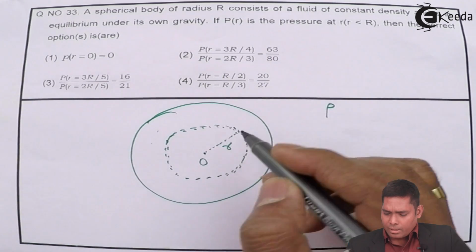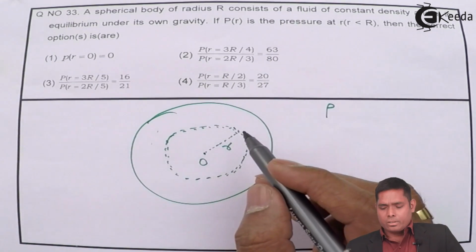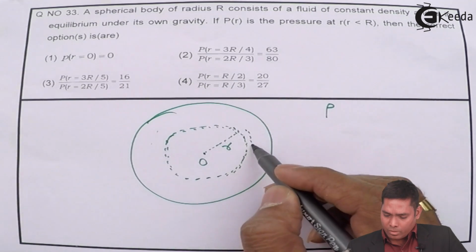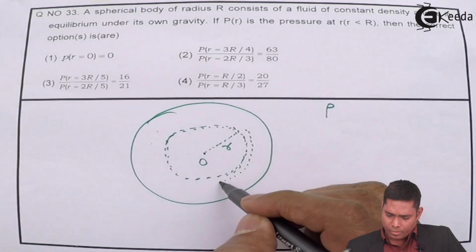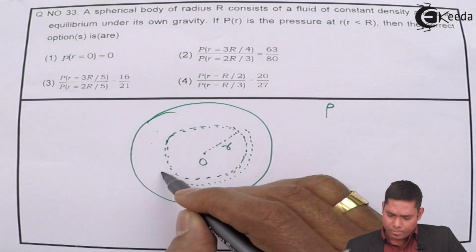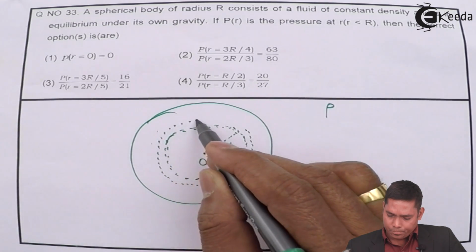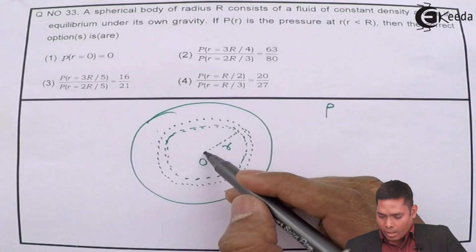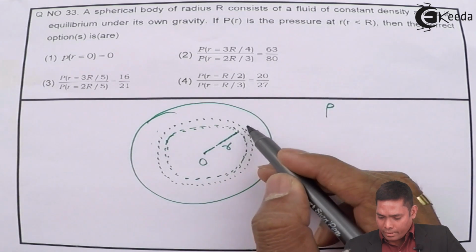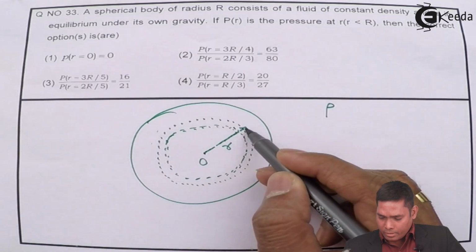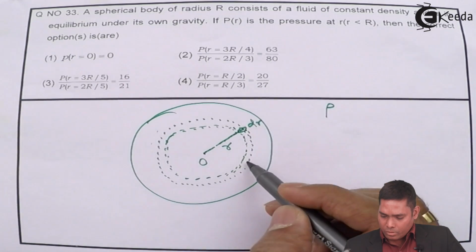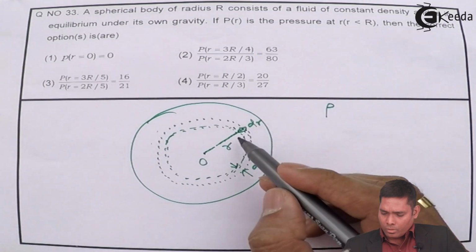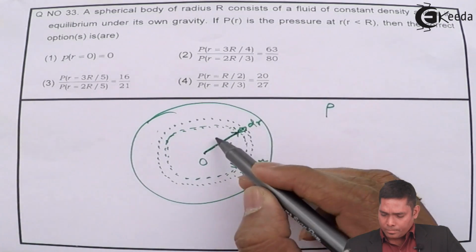At a distance r, I consider one element of mass dm. It is like this: this distance is r and this is dr. So this distance is dr and this distance is r.